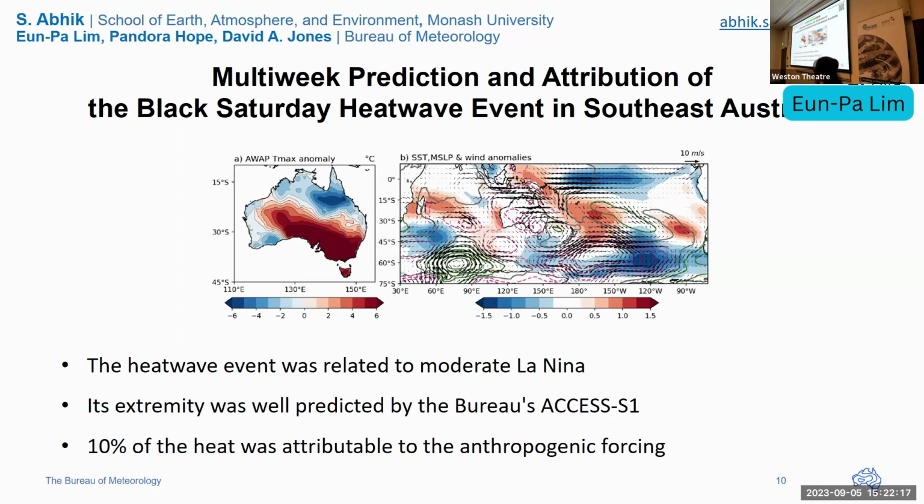So in this study, we showed that this heatwave event was related to a moderate La Nina condition, which provided it relatively long lead time predictability, and its record-breaking extremity was well predicted by the Bureau's ACCESS-S1 forecast system, and about 10% of the anomalous heat was attributable to the anthropogenic forcing increasing since the beginning of the 20th century.